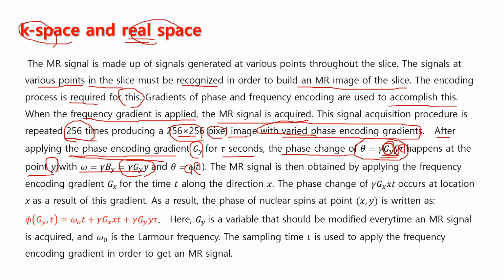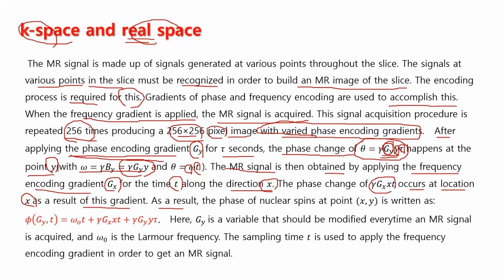Then the MR signal is obtained by applying the frequency encoding gradient Gx for the time of t along the x direction. The phase change of gamma Gx t occurs at the location x as a result of this gradient.